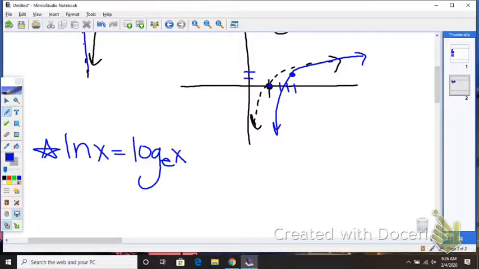So what I want you to do is when you see natural log, for now change it to log base e until we get used to it. So then when you write it in exponential form, you'll know e is the base. And you guys found that e button yesterday on your calculator. Okay? Everybody good with that? The other thing good about natural log is that, like common log, you can type it in your calculator because there's a whole button for it.